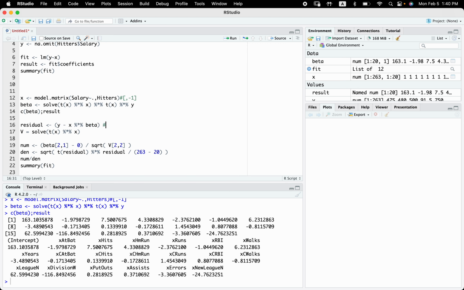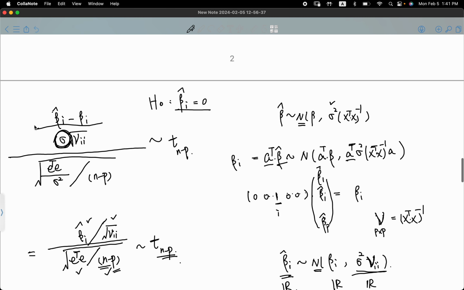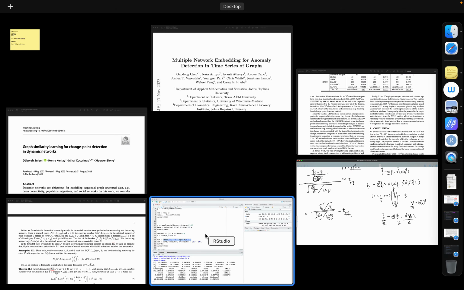This is the E that we get. And here's the V matrix. So make sure that you take the inverse of all the features together. So X transpose X first, take the inverse to get your V matrix. And the numerator is that we're conducting the test for beta equal to 0, and then divided by the square root of the matrix V for the ith entry.